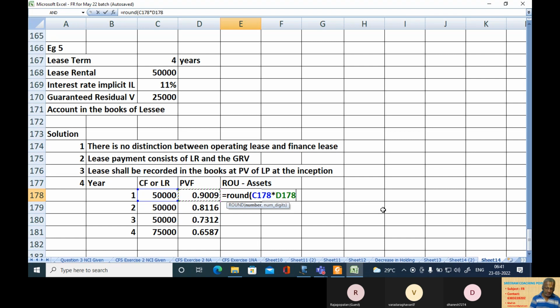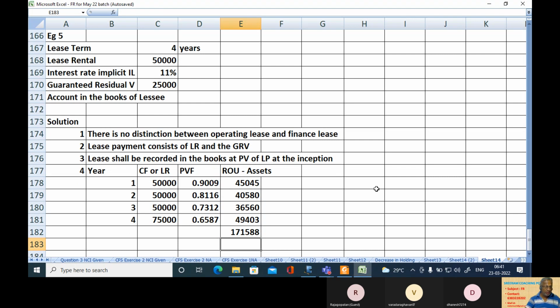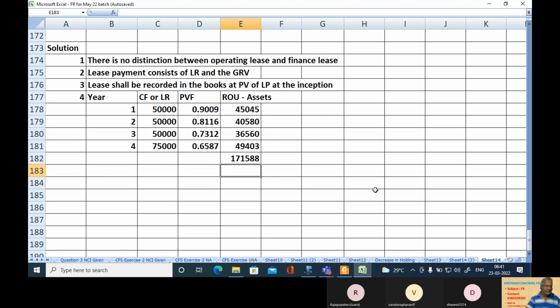50,000 into this. So it is 171,588. Now the right of use asset. So year number 1, 2, 3, and 4.